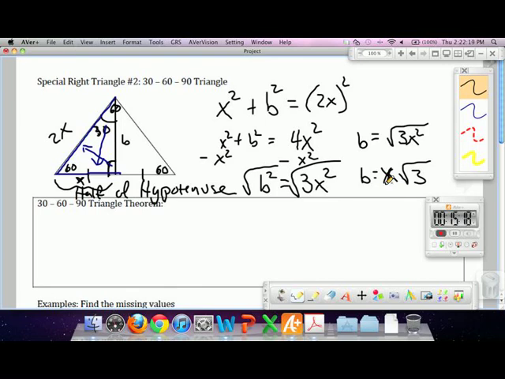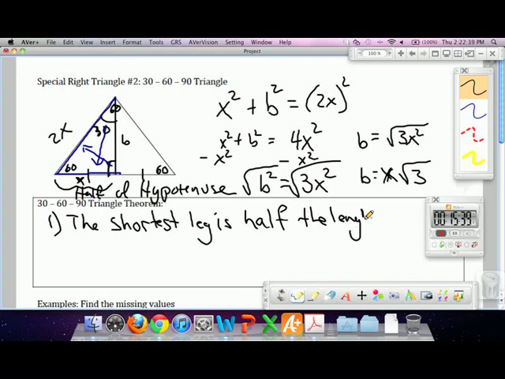For a 30, 60, 90-degree triangle, the following holds. 1. The shortest leg is half the length of the hypotenuse.